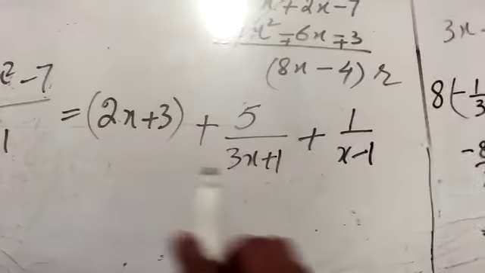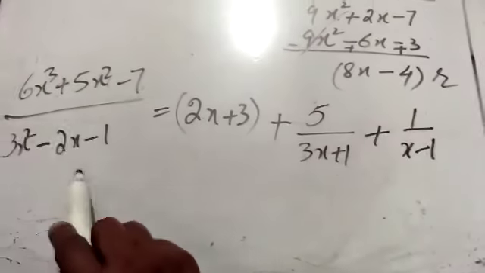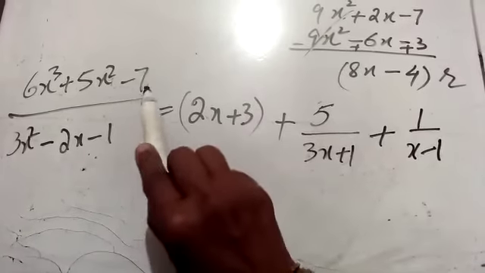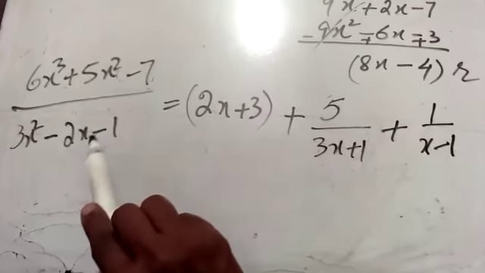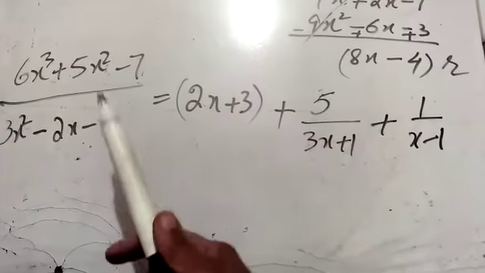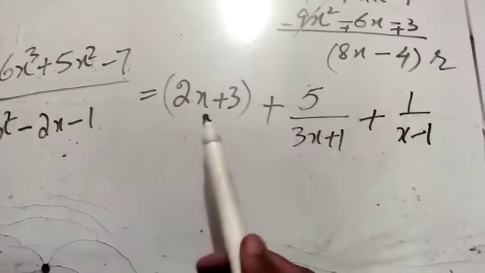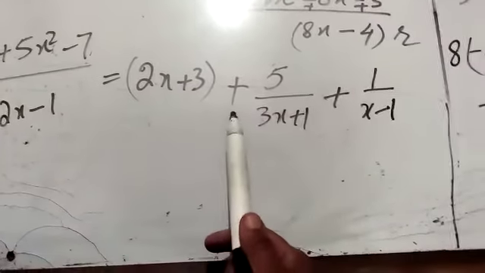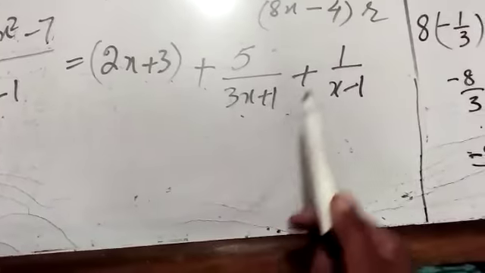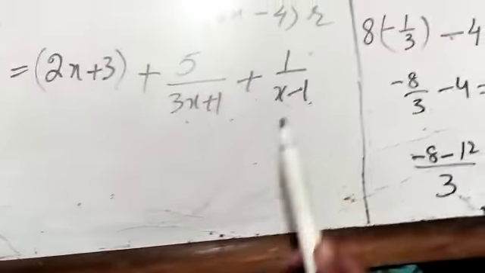So finally, these are the partial fractions of this given fraction. 6x cube plus 5x square minus 7 over 3x square minus 2x minus 1 was an improper fraction and its rational partial fractions are 2x plus 3 plus 5 over 3x plus 1 plus 1 over x minus 1.